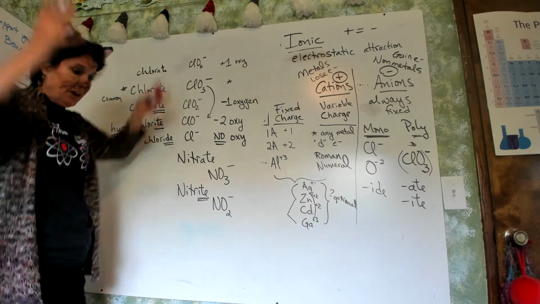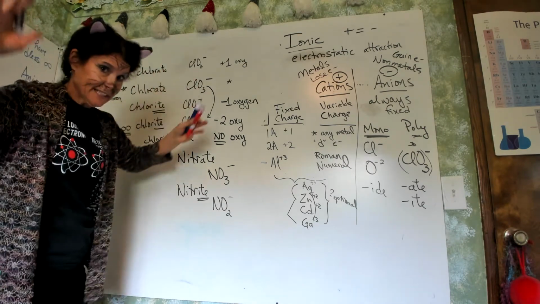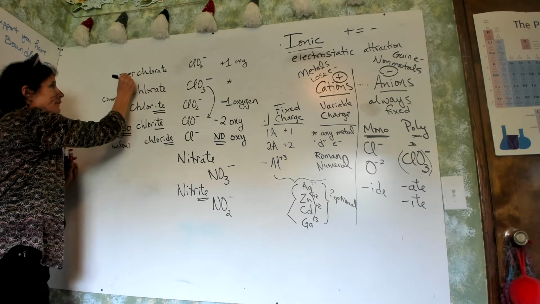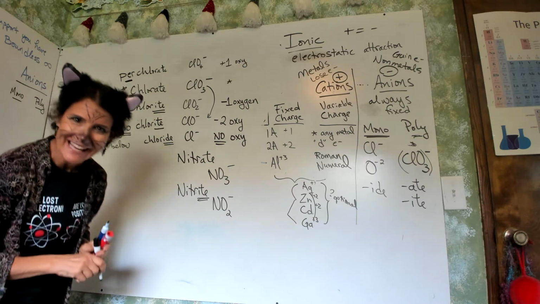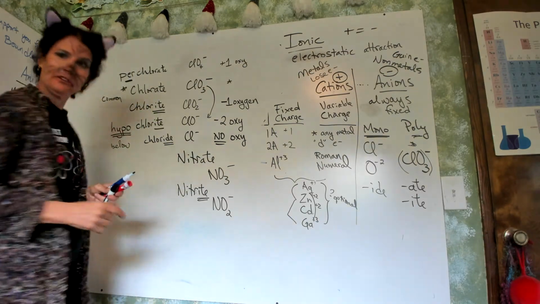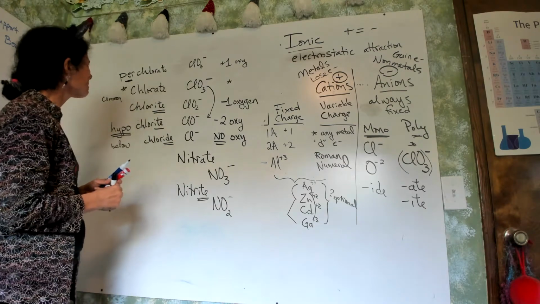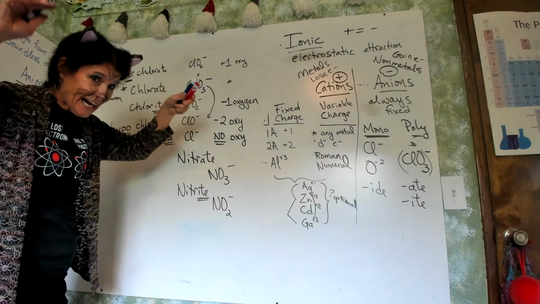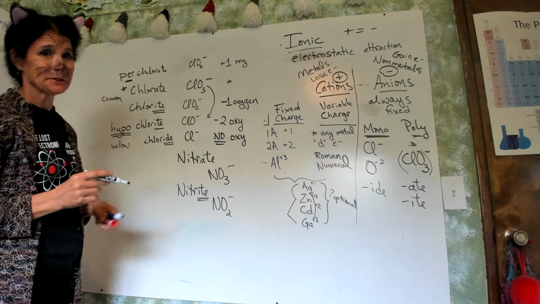So normally above means hyper, like hyperactive, like cat. But they don't say hyperchlorate. They say per. So perchlorate means we went really high on the number of oxygens. We went above the normal.